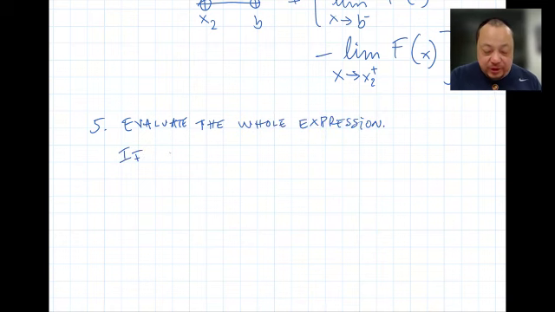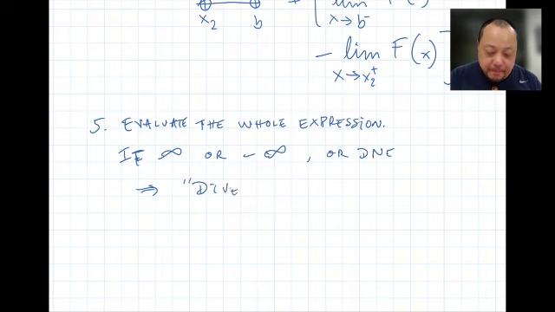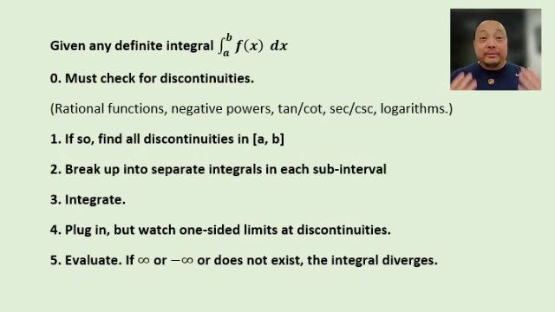If the value is either positive infinity or negative infinity or does not exist, because sometimes these limits may not go to positive infinity or negative infinity, they just sort of oscillate, let's say, between -1 and 1, so it won't approach any single number, then we say that the integral diverges. All right, so that's the idea. Here's a summary.